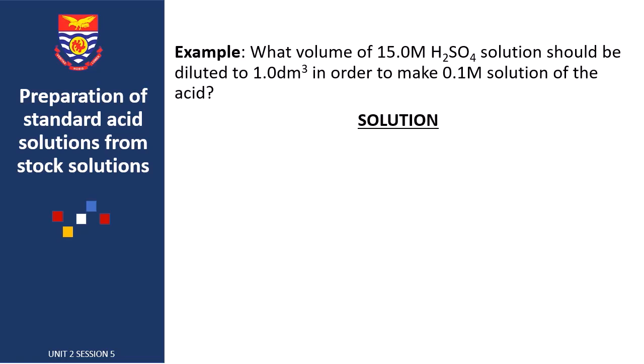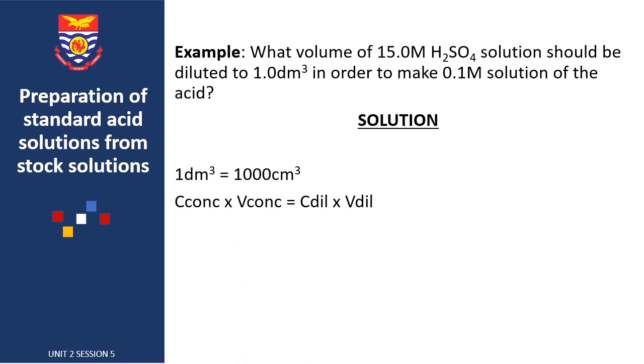So, in other words, we have been given the concentration of a concentrated solution, that's our 15 molar, and then we have the volume that we are going to look for, which is not given. We have the final volume, which is 1000 cubic centimeters, and then the final concentration. Now, note that 1 cubic decimeter is equivalent to 1000 cubic centimeters.